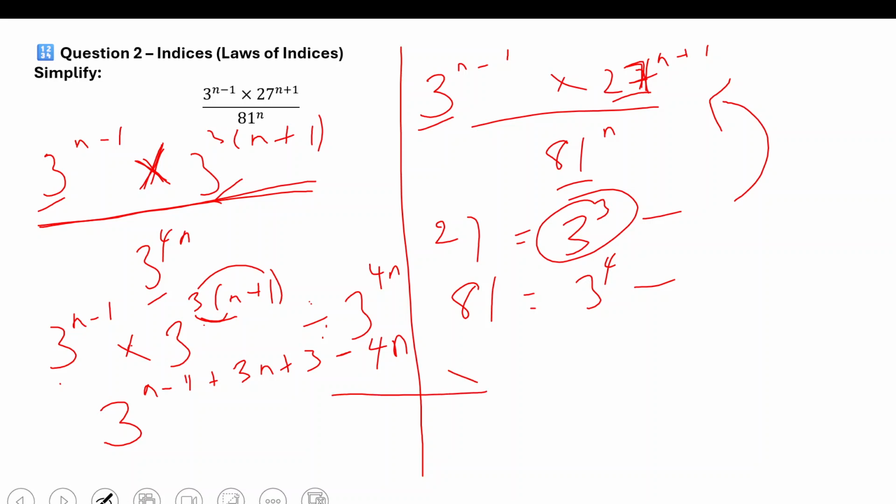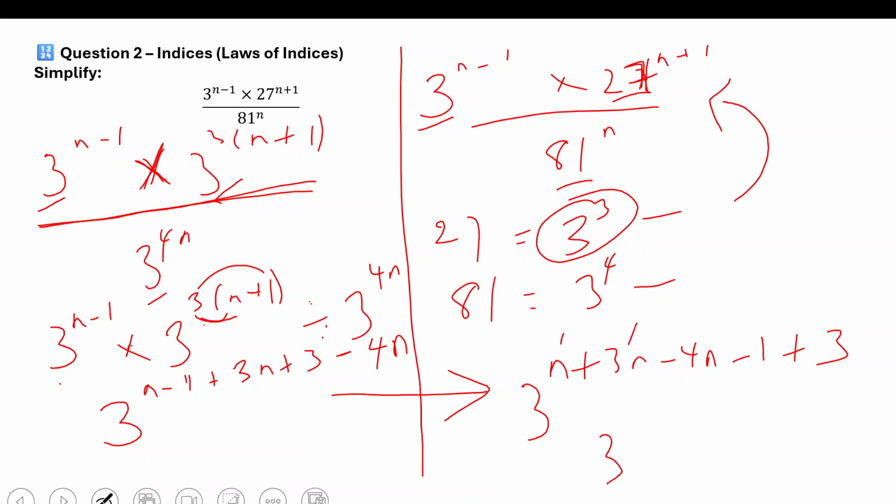Let me take this to this side. So this translates to 3 raised to the power, collecting the n terms, n plus 3n minus 4n, and the constant terms, minus 1 plus 3. So n plus 3n will give us 4n.